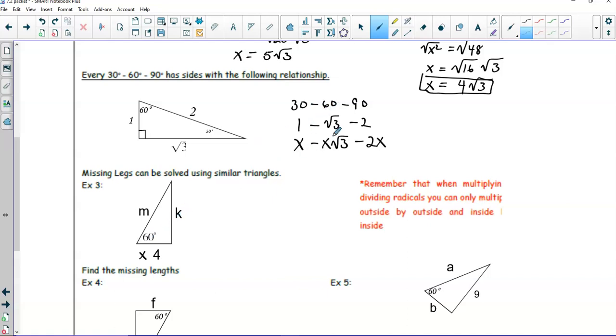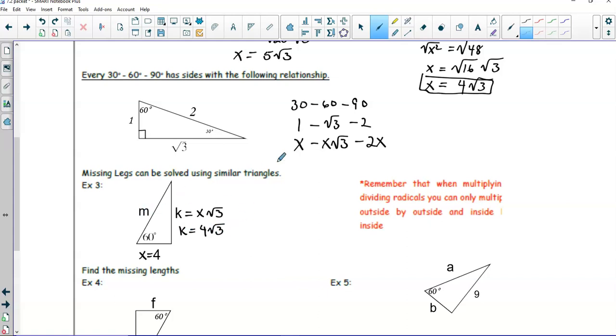Well, across from 60 we have x square root of 3. So k is the same as x times the square root of 3. Since x equals 4, then k must equal 4 times the square root of 3. See how that works?